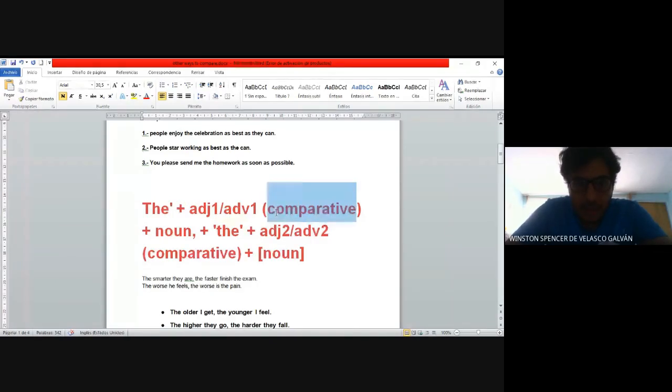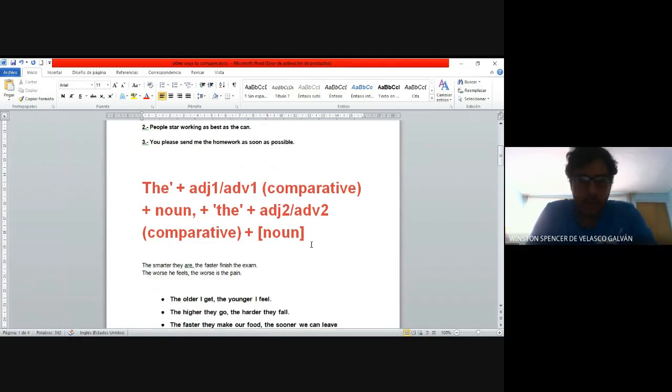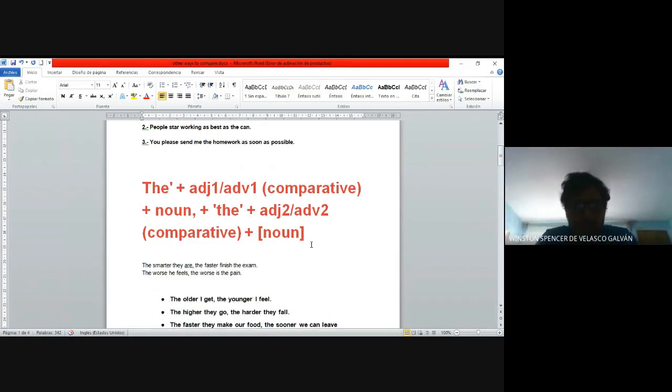A comparative could be an adverb or an adjective, plus a noun, plus a comma. And after that, we need to do the same stuff. We need to add the word the, an adjective or an adverb, comparative, and a noun. So, right here, I wrote down a couple of sentences. The smarter they are, the faster they finish the exam.